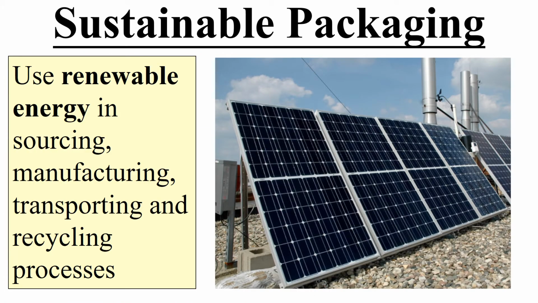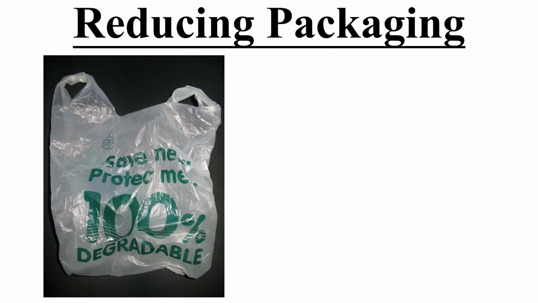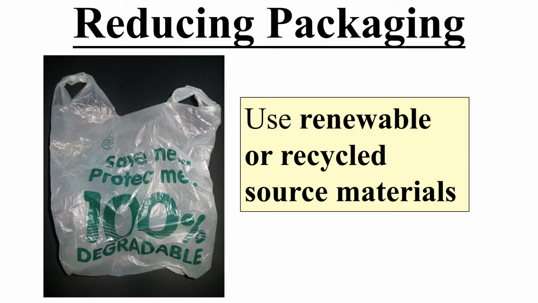Something else you could do is when you're producing the packaging, to use renewable energy. So when it's being sourced, manufactured, transported, and recycled. The other one is use renewable or recycled source materials. So sometimes now, if you get magazines, they're quite often wrapped in that sort of thin plastic. Sometimes those, you can now put them in the brown bin.